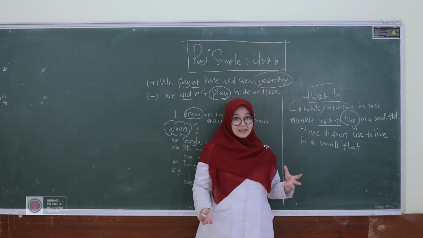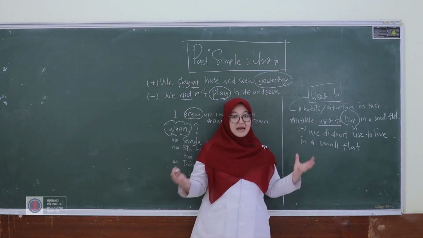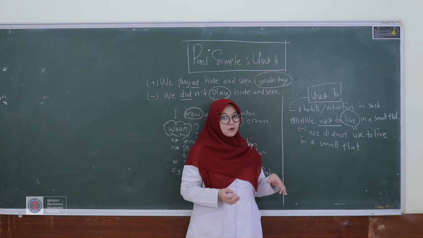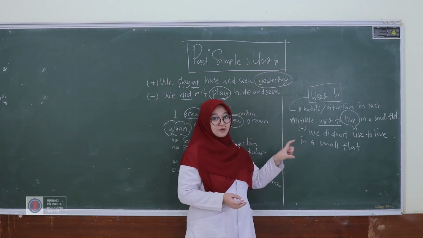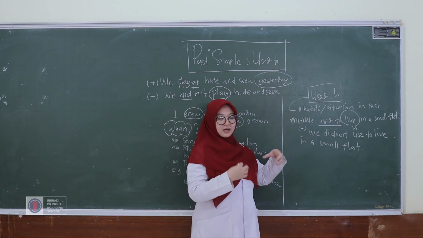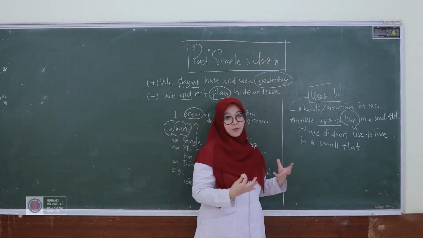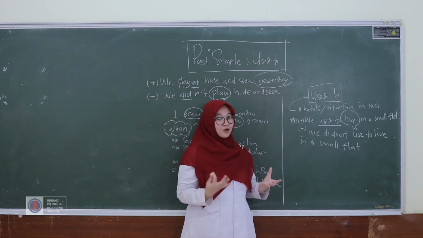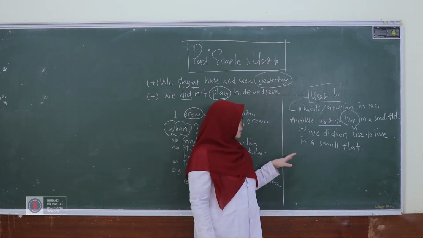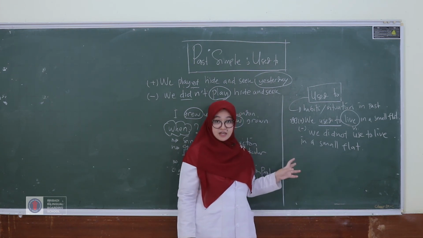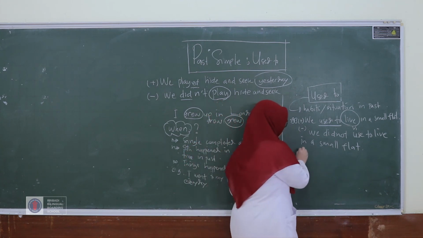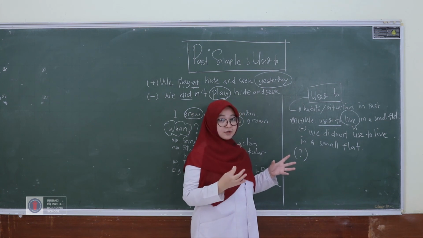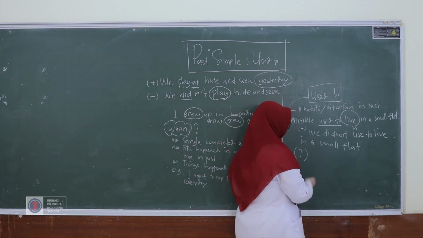Basically, the "used to" phrase and the past simple form are the same. What makes it different is that we add the phrase "used to," and after that we use any verb that we want to express. For the interrogative, it is actually the same as the other tenses.